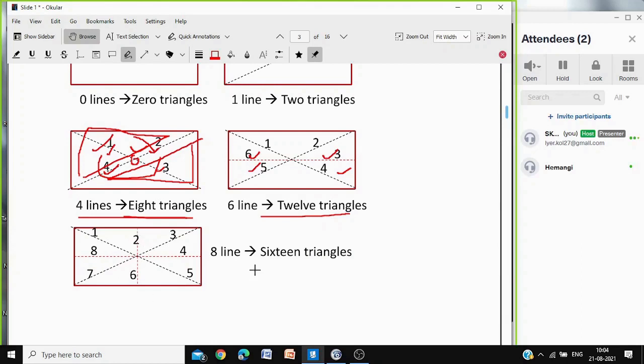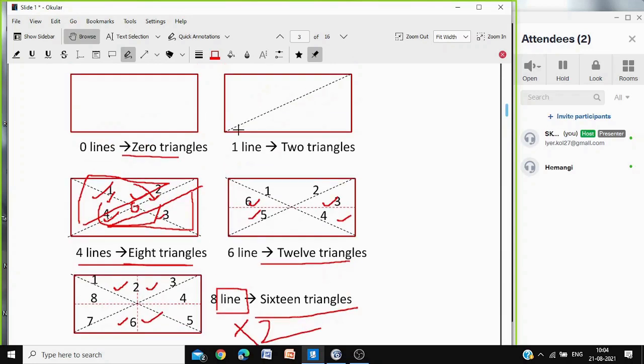And now we are again dividing. You will see that you are getting 16 triangles. In addition, you have got 4 more triangles: 1, 2, 3, 4. So the general rule we can say is, how many lines are there, multiply by 2 to get the number of triangles. If there are 0 lines, 0 into 2 is 0 triangles.